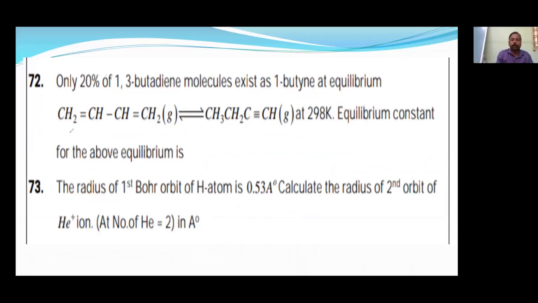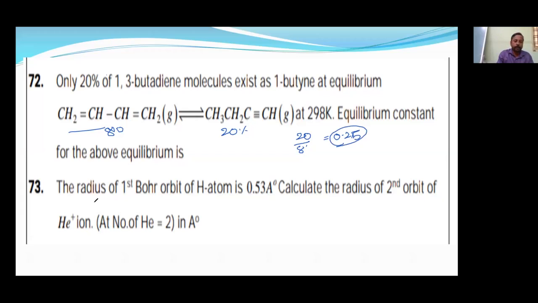Simple, 20% is this one and 80% will be this one, so 80% will be on the reactant side. So 20 by 80 will be 0.25. The simplest question, but appearing to be the most difficult.